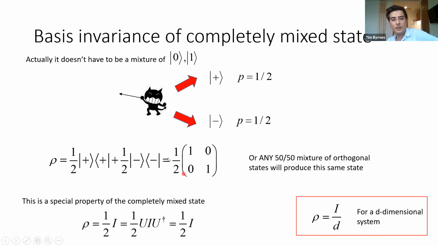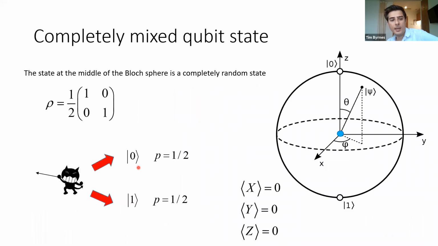You would think that the state which is a mixture of plus states and minus states should be different from the state which is a mixture of zeros and ones, because they're physically different.